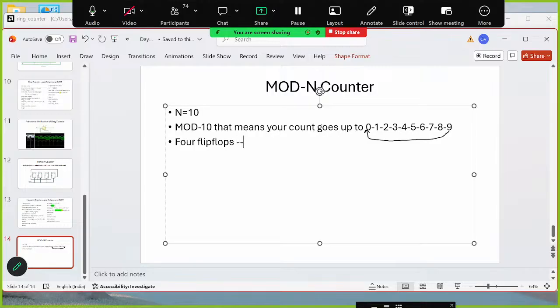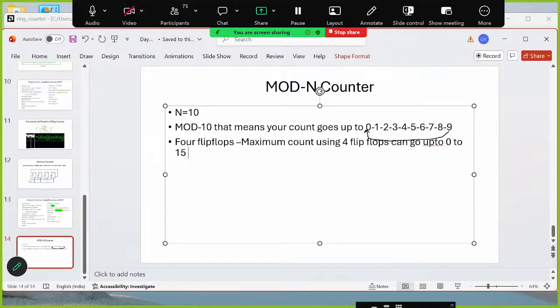Maximum count using four flip-flops can go up to 16, that is 0 to 15. Right?